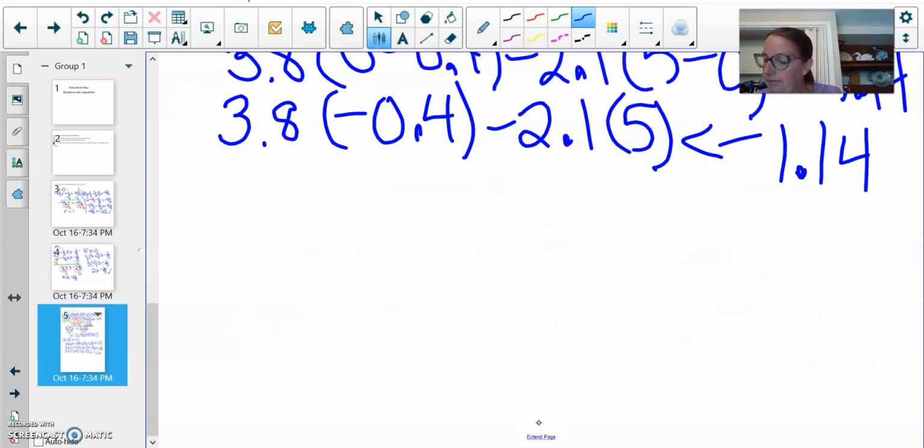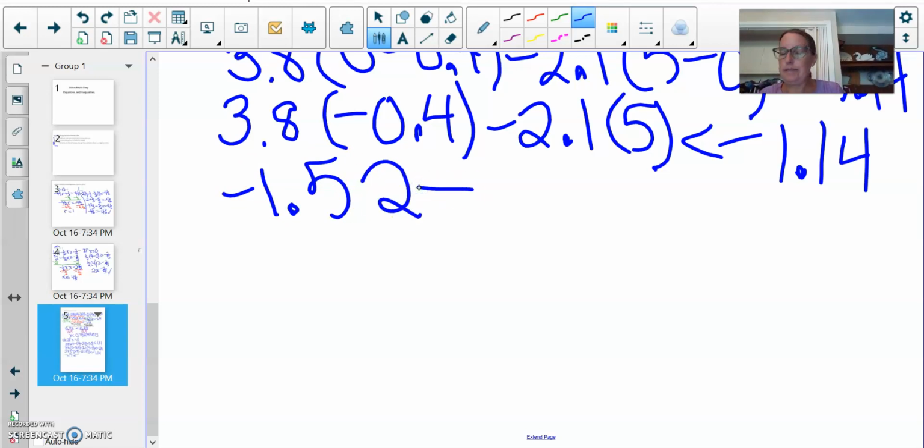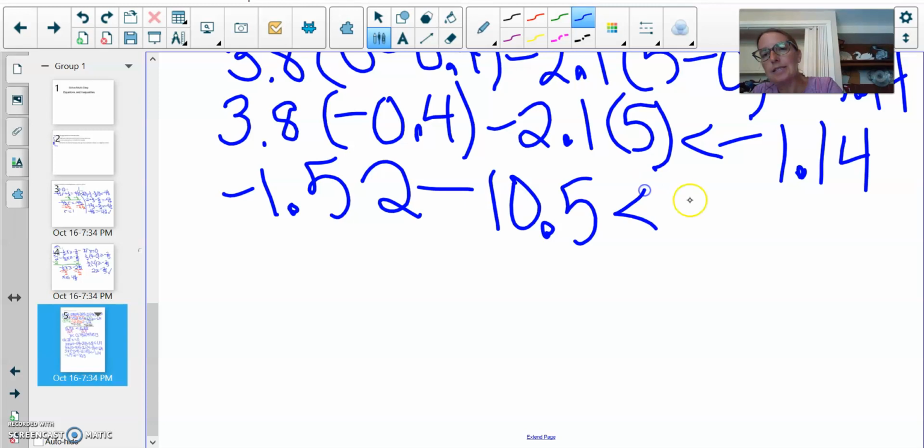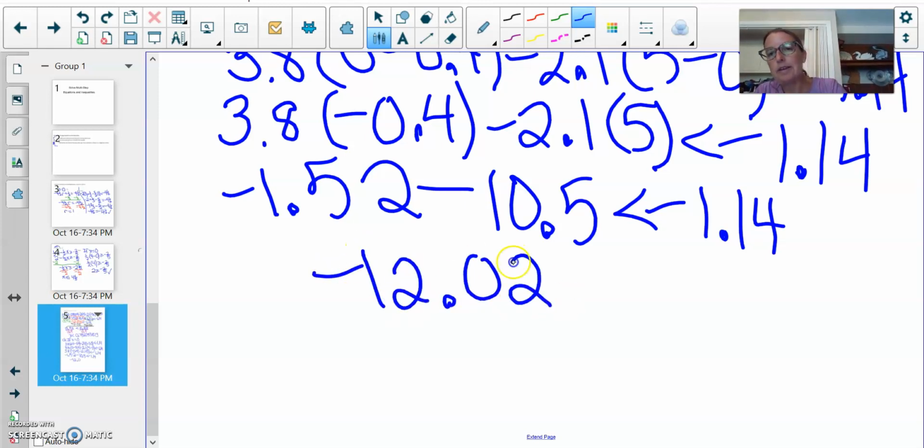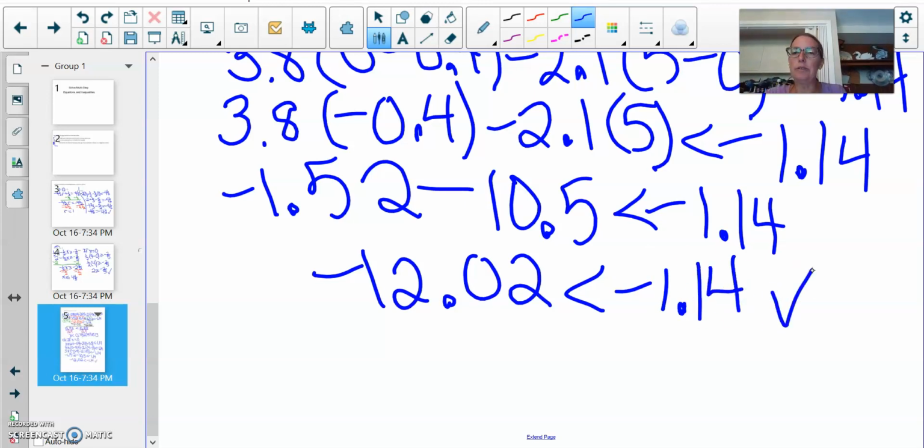Multiply it out. 3 8/10 times negative 4/10 is negative 1 52/100, minus 2 1/10 times 5 is 10 5/10, is less than negative 1 14/100. And finally, we're doing the subtracting on the left-hand side. We get negative 12 2/100 is less than negative 1 14/100. And that's true. So our inequality was solved correctly.